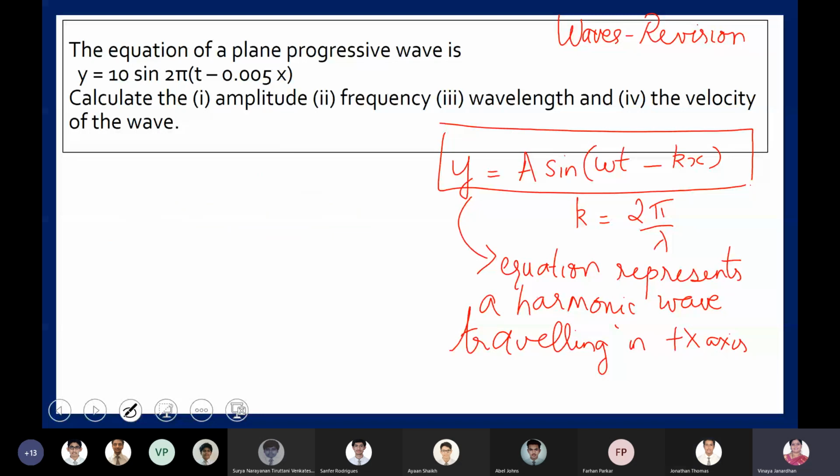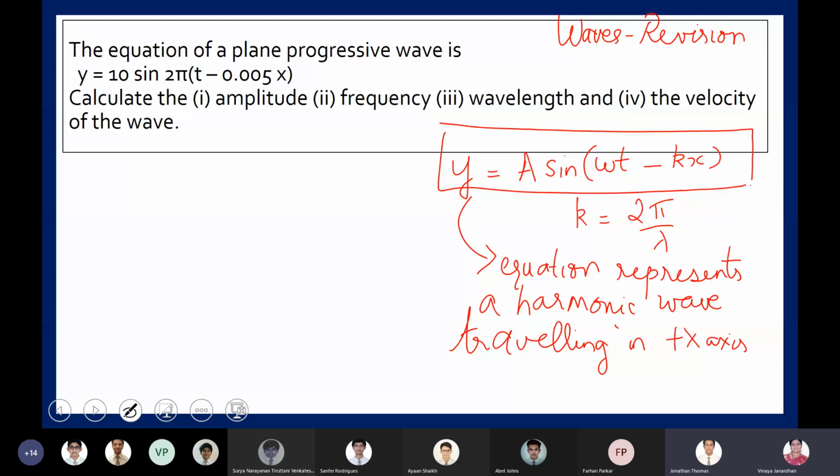Ma'am, in the portions and also in the textbook, there's a section called the displacement relation for progressive waves. Is that this equation, the progressive wave equation? Yes. Also, in the textbook, and in another book I checked, it's given as sin(kx − ωt). That can also be used, so both are fine.